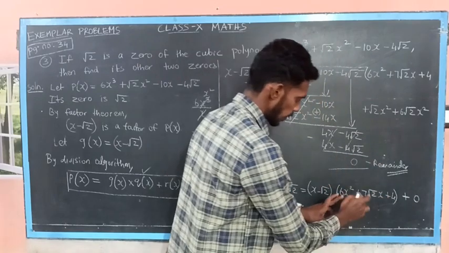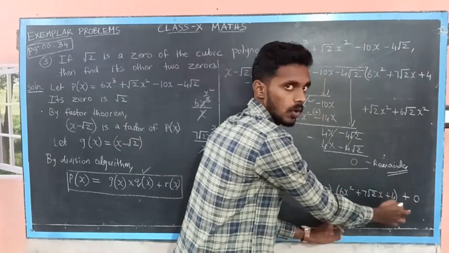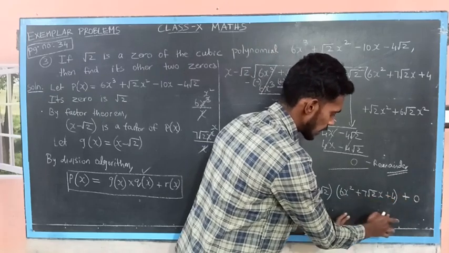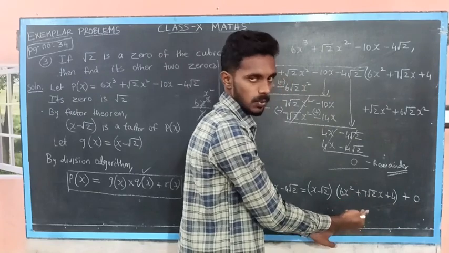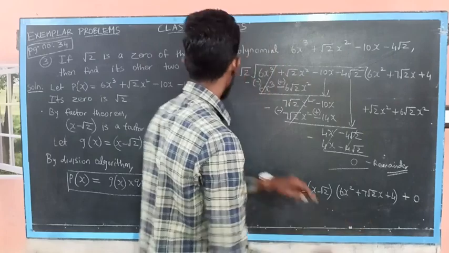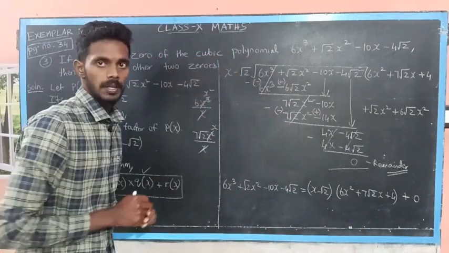Okay. Now we are going to solve this quadratic polynomial. If we solve this quadratic polynomial, it will be factorized into two linear polynomials. Okay. So from those two linear polynomials, we are going to find the other two zeros of the given cubic polynomial.